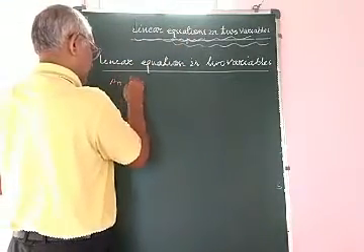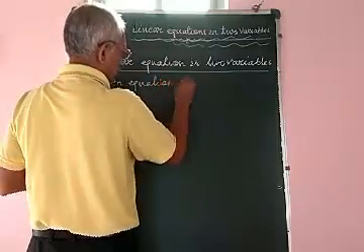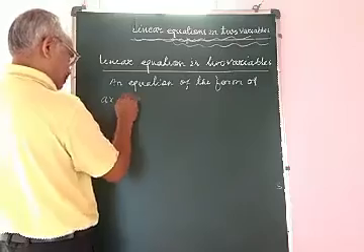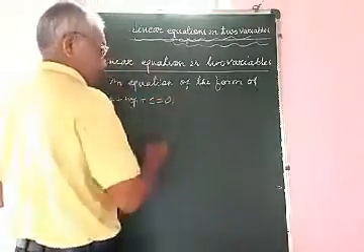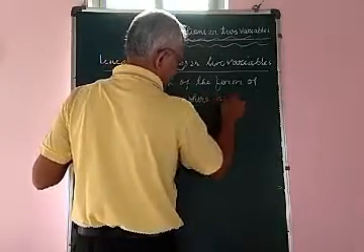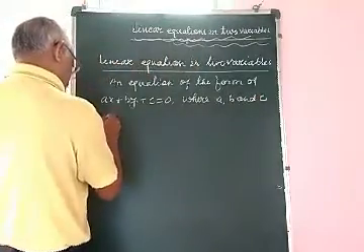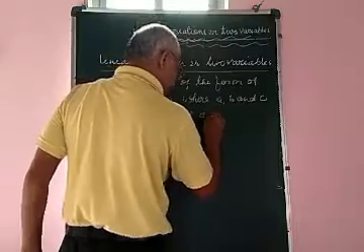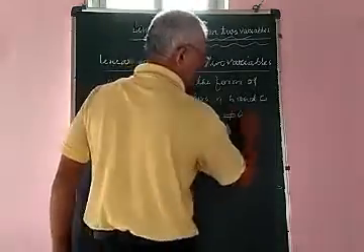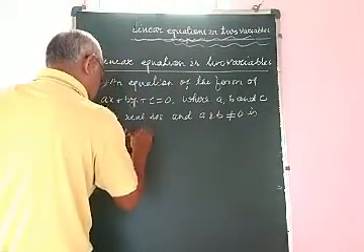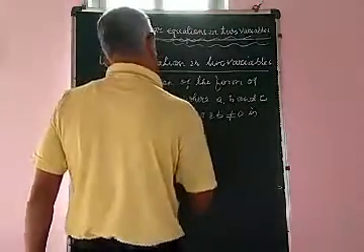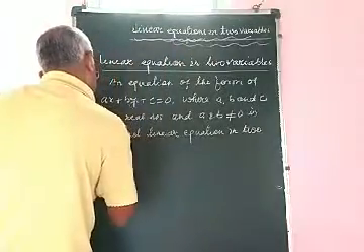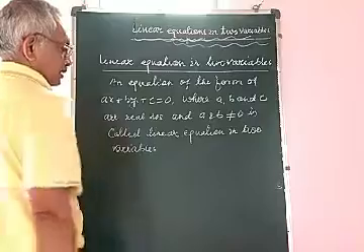An equation of the form ax plus by plus c is equal to 0, where a, b and c are real numbers and a and b are not equal to 0, is called linear equation in two variables x and y.